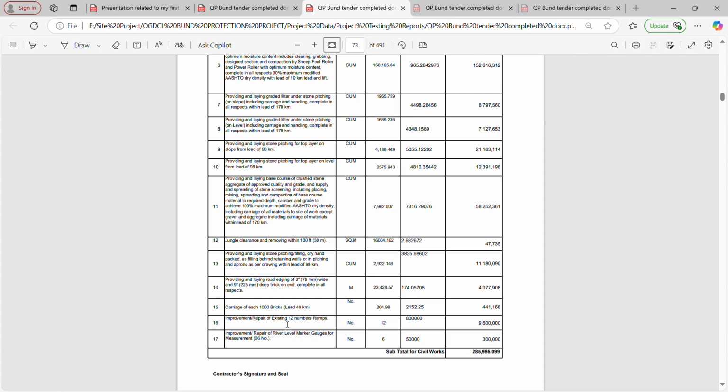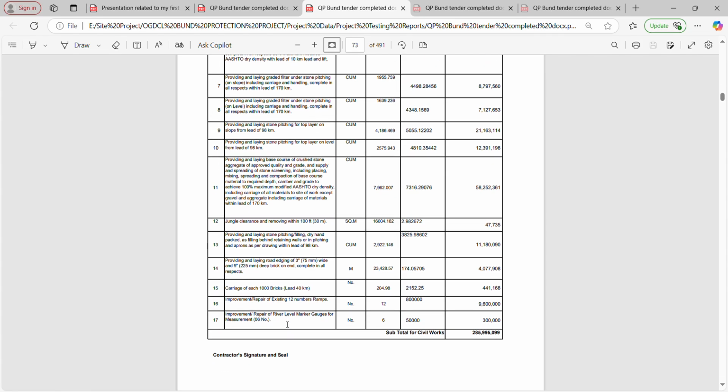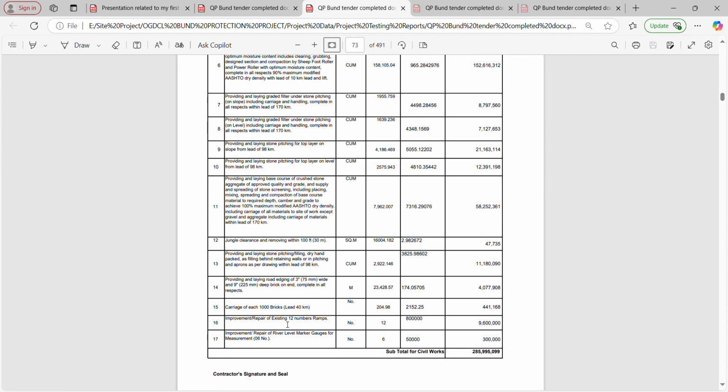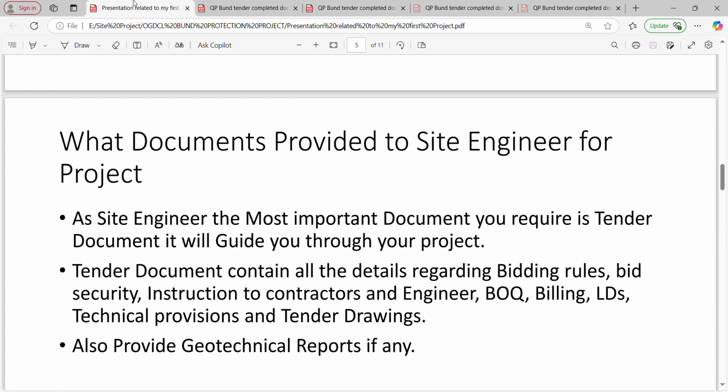It also requires maintenance of 6 river gauges, markings and concreting on the front and sides, and the geotechnical site investigation.